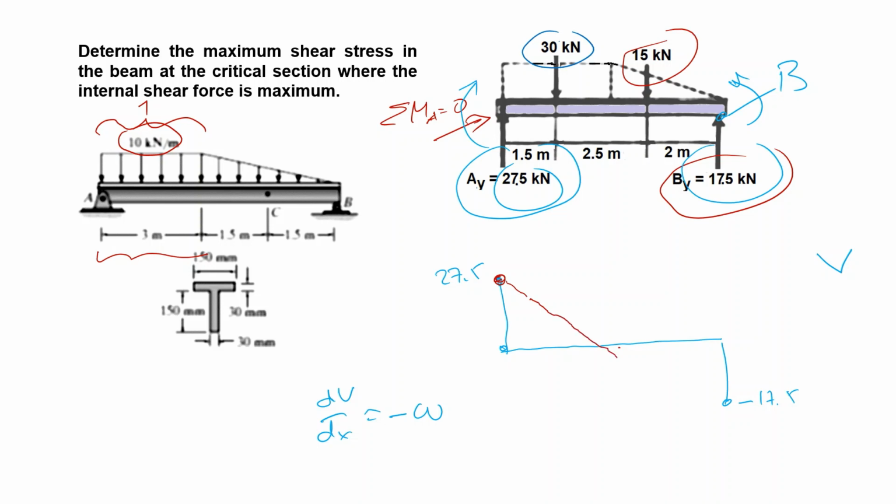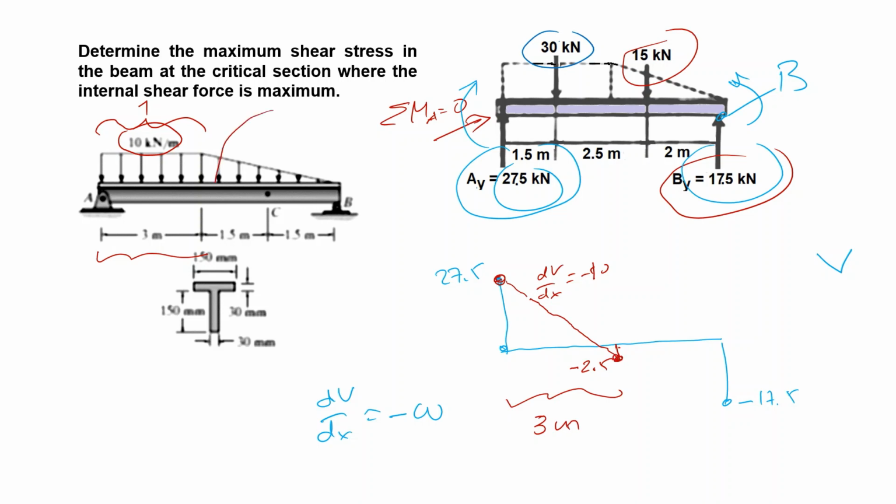My slope is dV/dx equals minus 10. When I go 3 meters, I reach this value, which is minus 2.5. When you go with the slope of 10 for 3 meters, you go down by 30, and the value is given over here.